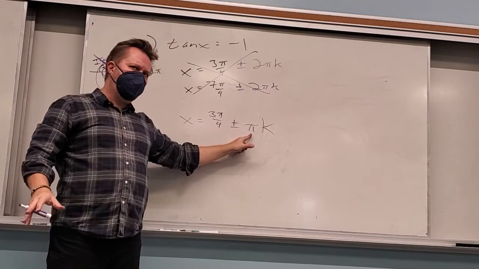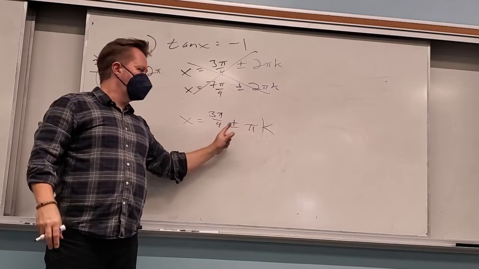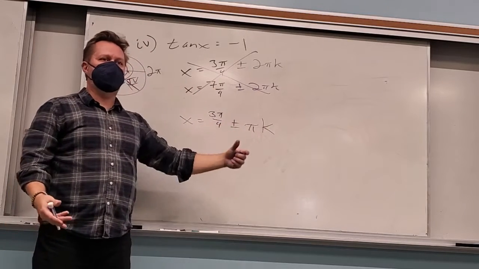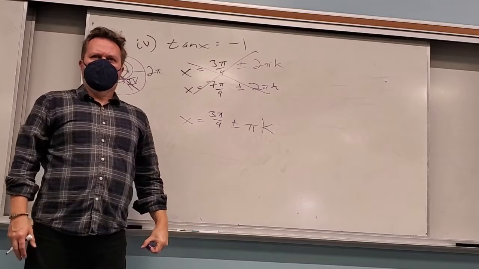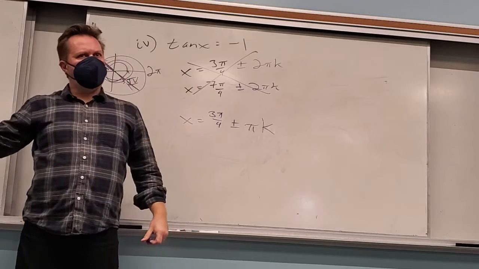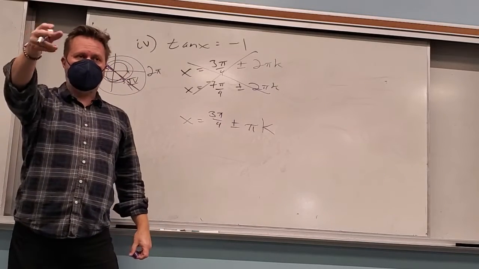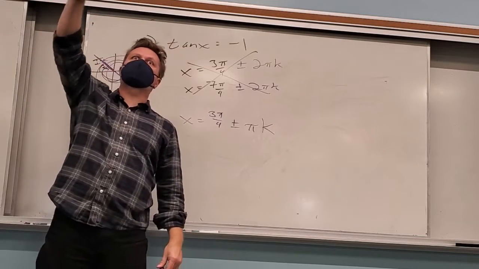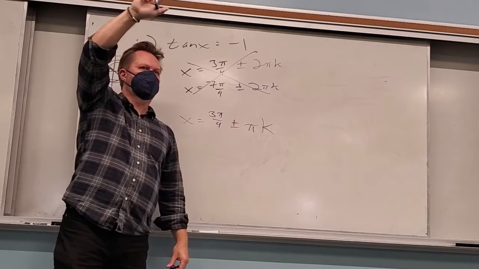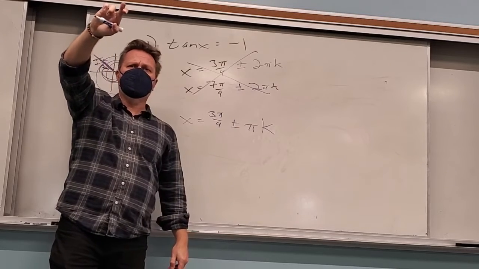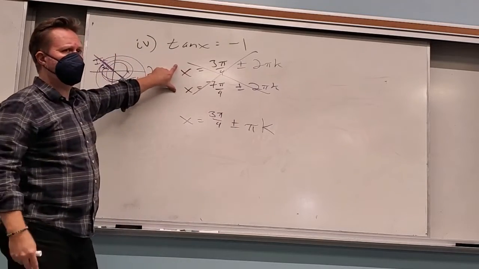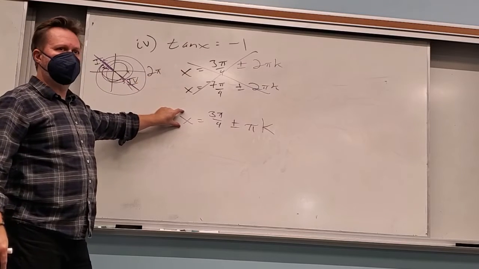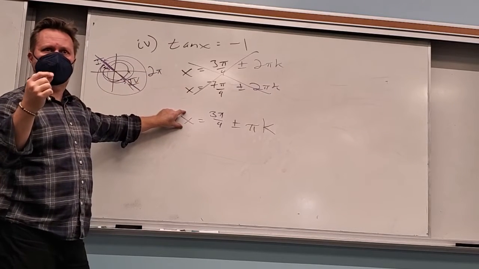So I should be able to write my tangent answers with plus or minus pi k when I need to, right? And the sine and cosine answers would most of the time be plus or minus 2 pi, because that's how long it takes for it to come back to the same place. So if you do this, you're technically not wrong. It's just convention to write it with one statement instead.